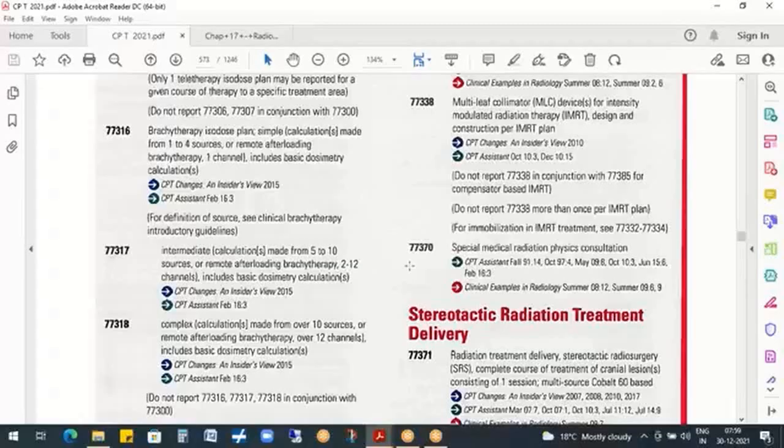Diagnostic radiology. Write down the key terms. First point, body part or body area. What we need to look for in diagnostic radiology? First one, body part or body area.